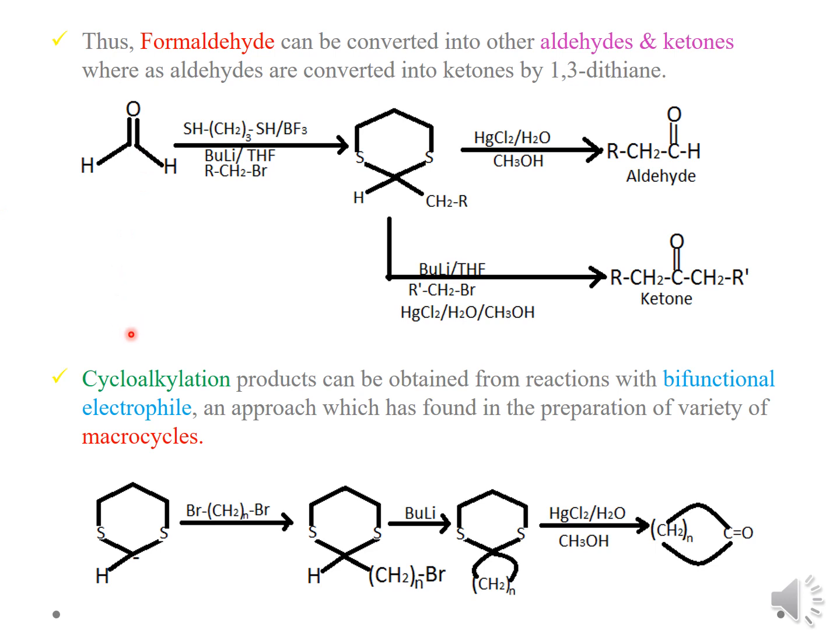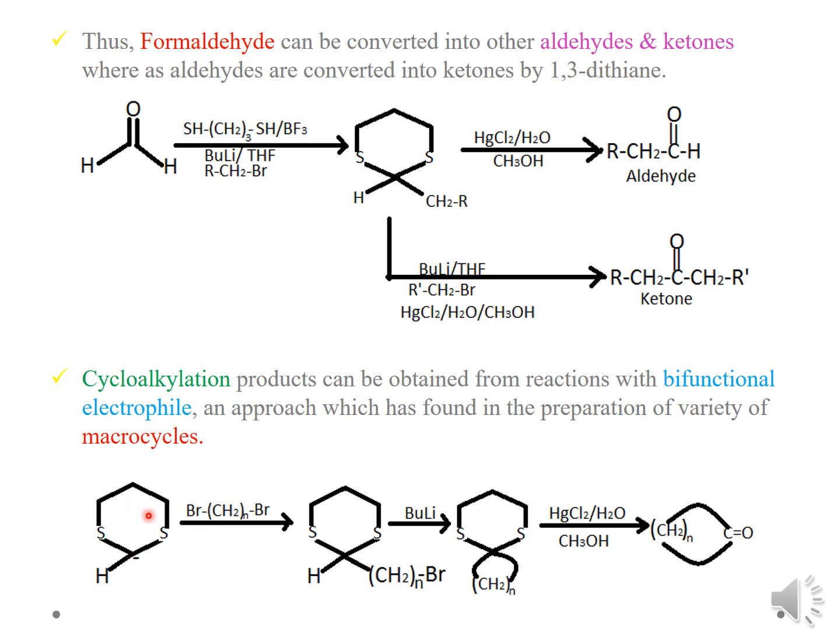Then if we move on to the next point, 1,3-dithiane can also react to form cycloalkylation products. It reacts with a bifunctional electrophile. Bifunctional electrophile means it has two electrophilic functional groups, such as bromide groups or alcohol groups. Bifunctional electrophiles are needed for the preparation of macrocycles.